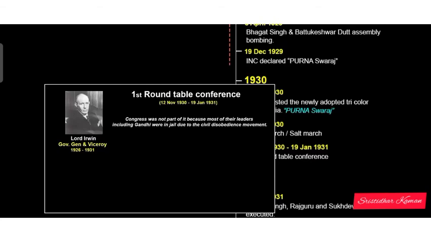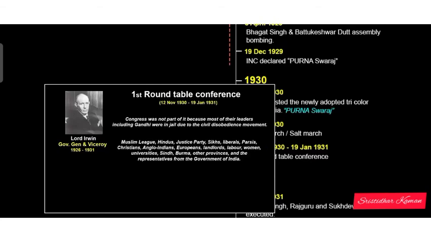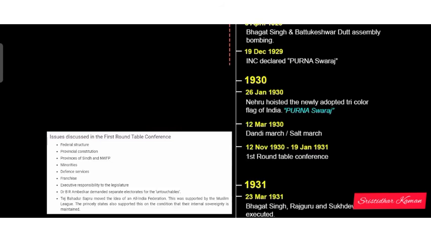Among the British Indians, the following representatives attended the conference: Muslim League, Hindus, Justice Party, Sikhs, Liberals, Parsis, Christians, Anglo-Indians, Europeans, landlords, Labour, women, universities, Sindh, Burma, other provinces, and the representatives from the Government of India. Now here are some of the issues discussed in the first roundtable conference.